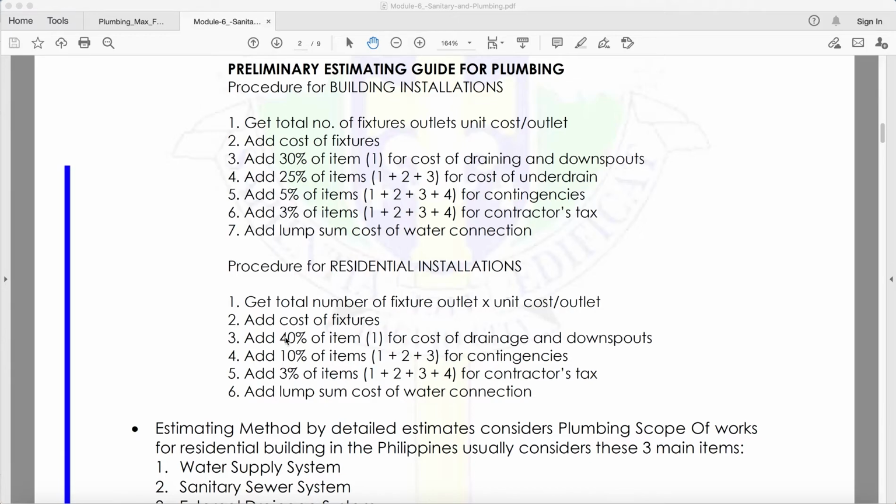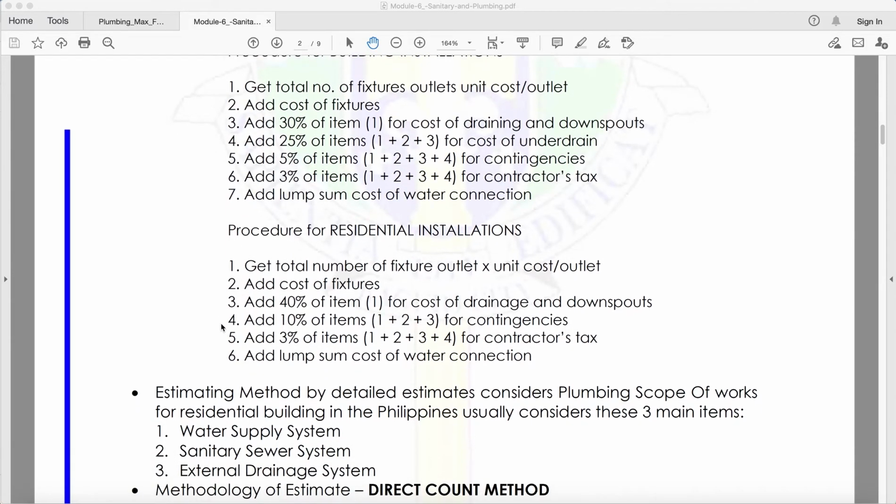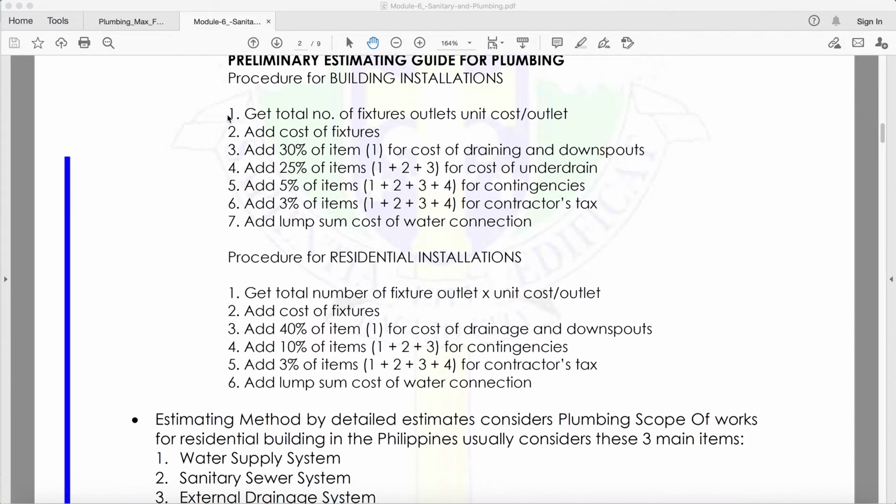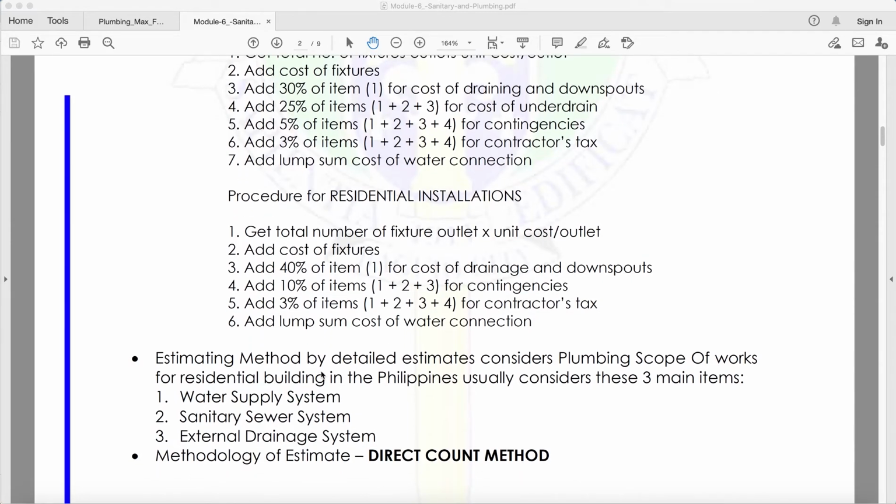But this method here is very convenient because it saves us time in estimating our costing. The estimating method by detailed estimates considers the plumbing scope of work. For a residential building in the Philippines, it usually considers three main items.